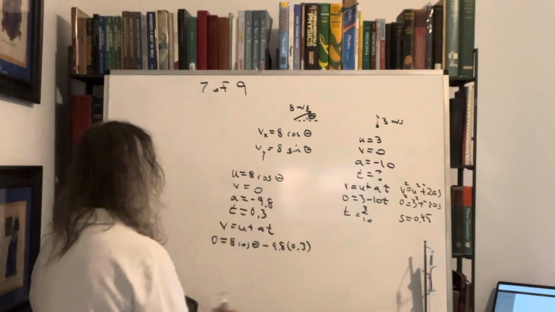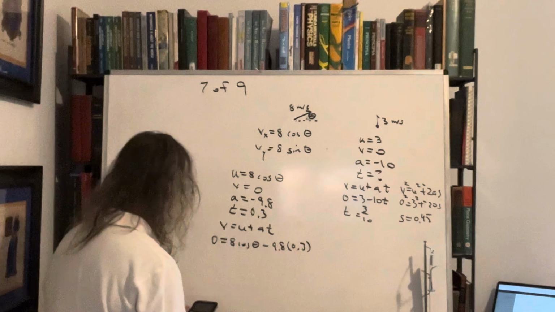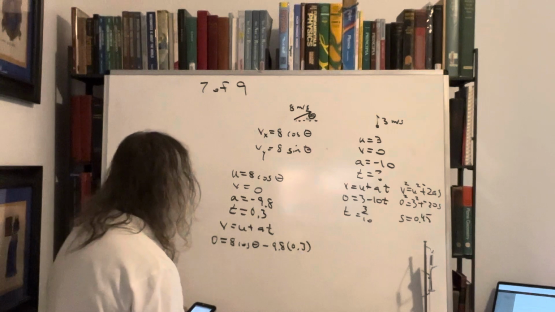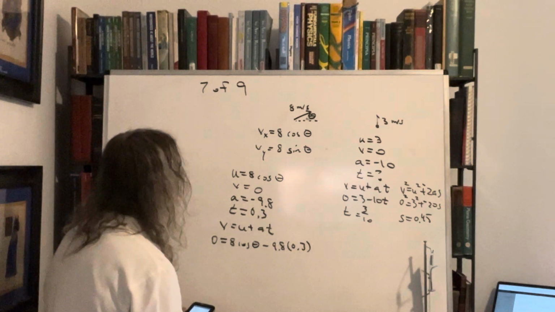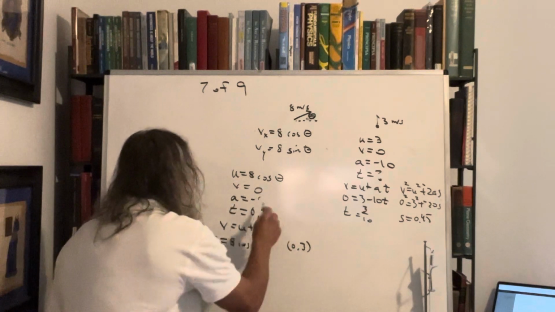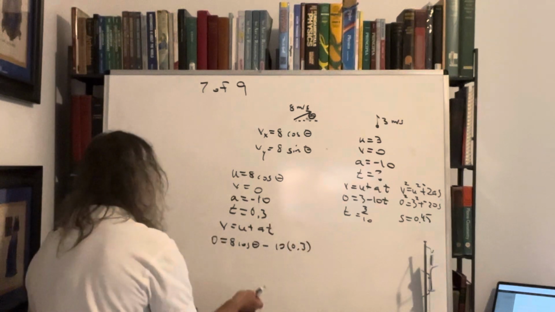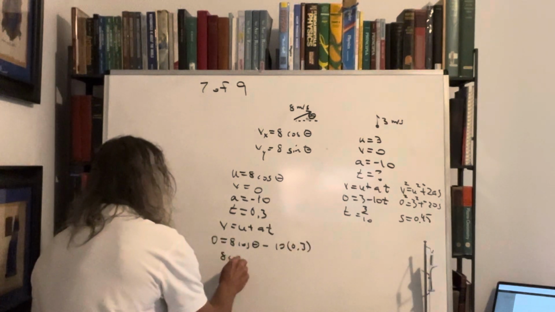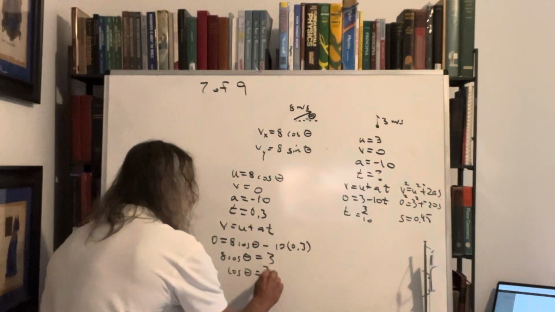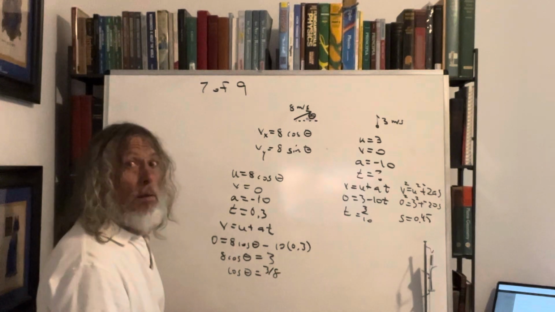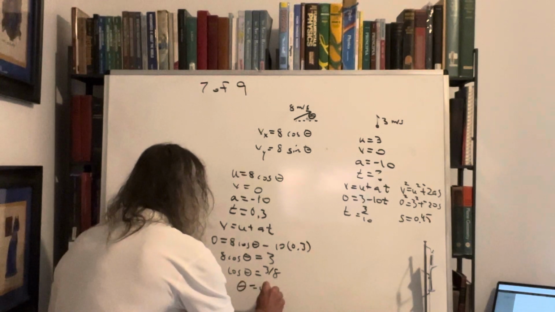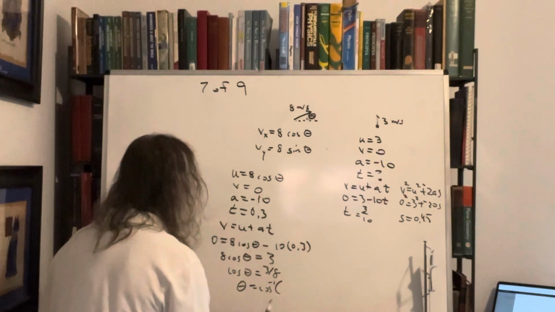Then multiply, move it over, 9.8 times 0.3, what, 2.94? Oh, they said we could use 10. Use 10, so of course it's 3. So 8 cosine theta is 3. Cosine theta is 3/8. And then theta is inverse cosine of 3/8.